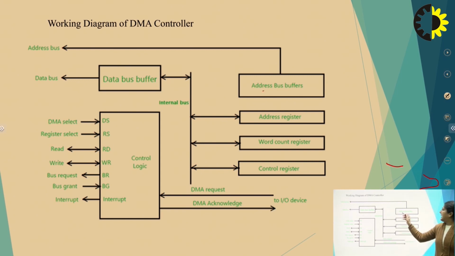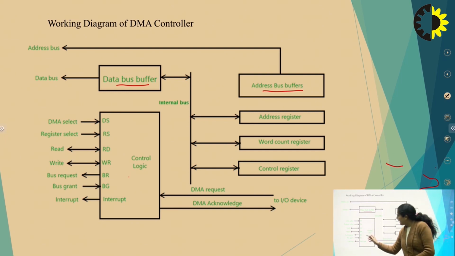There is an address bus buffer and a data bus buffer. What is the function of the address bus buffer? It temporarily stores the addresses that come from the address bus. And the data bus buffer temporarily stores the data that comes from the data bus.